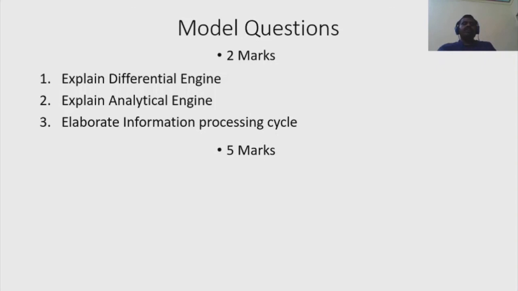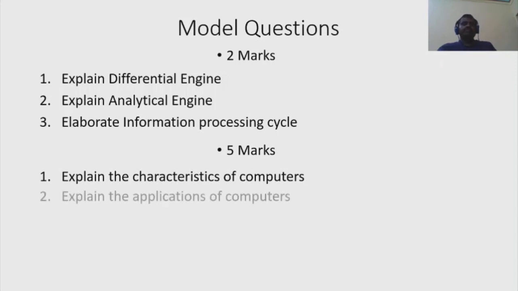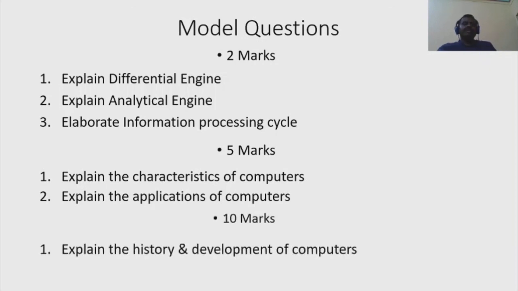In the 5 marks segment, they might ask: explain the characteristics of computers, and explain the applications of computers. In the 10 marks segment, they will ask: explain the history and development of computers in detail. These are all the model questions which might be asked from the first unit.